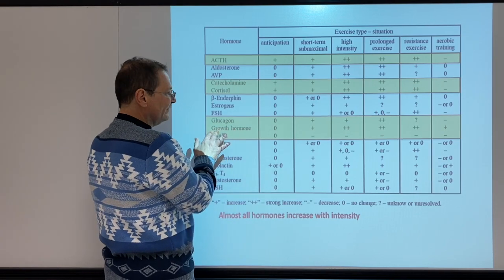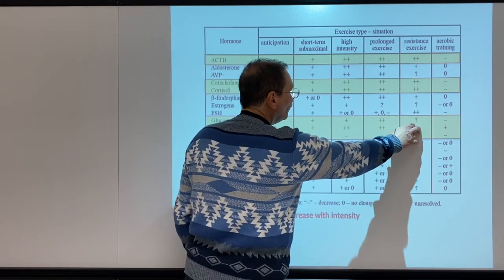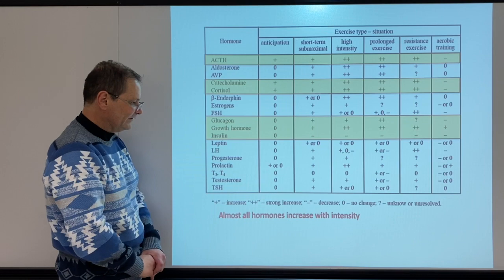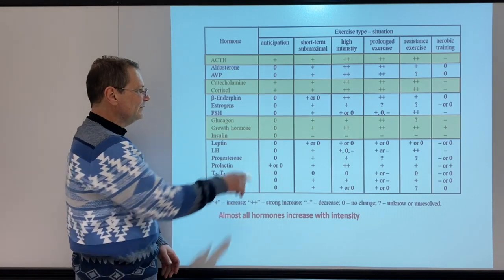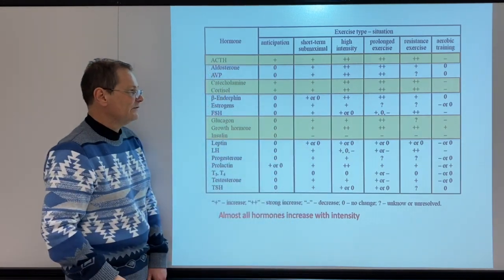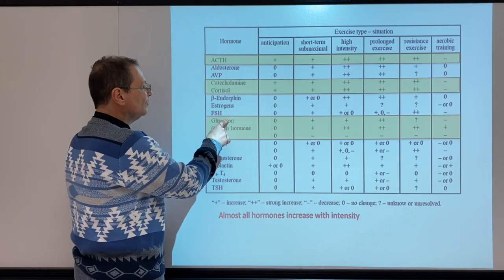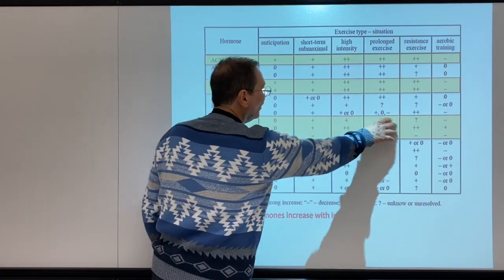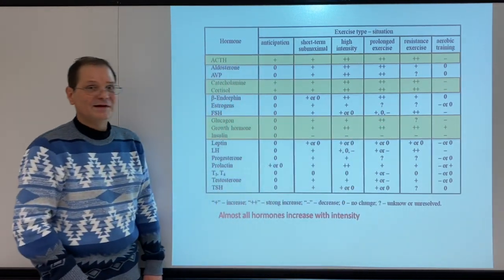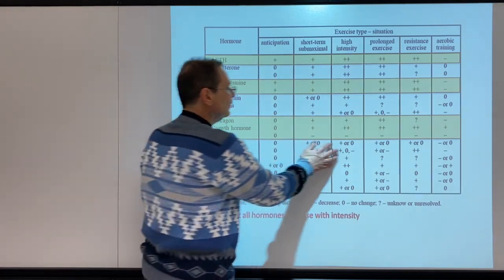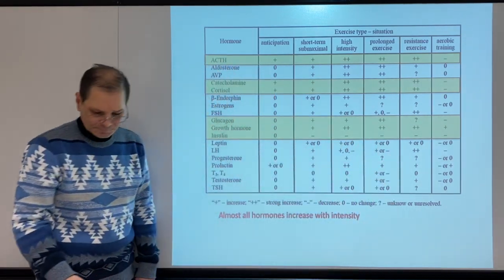These all, except insulin, go up with increasing intensity of exercise, okay? Insulin is down, of course, with exercise. But growth hormone, glucagon, cortisol, these go up as exercise intensity increases. So that's the first thing that you should notice in this chart, okay?